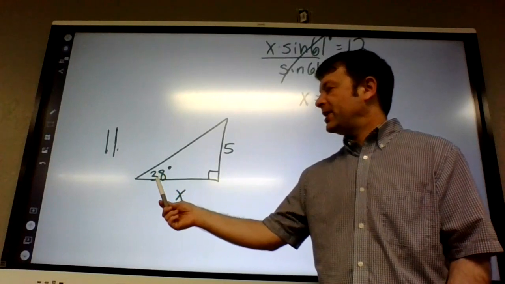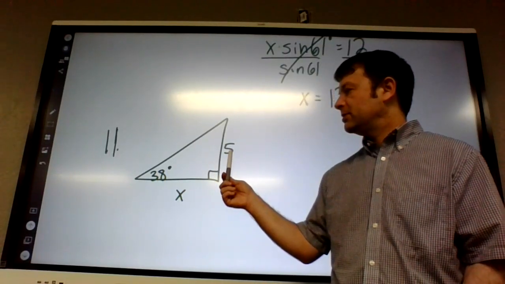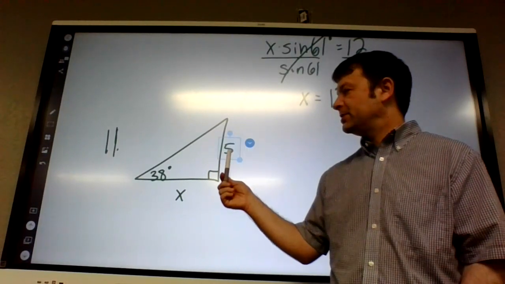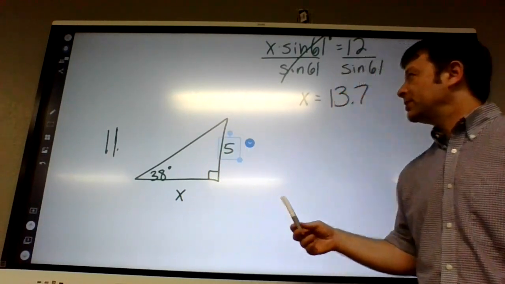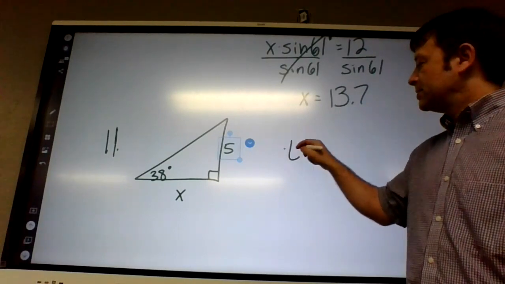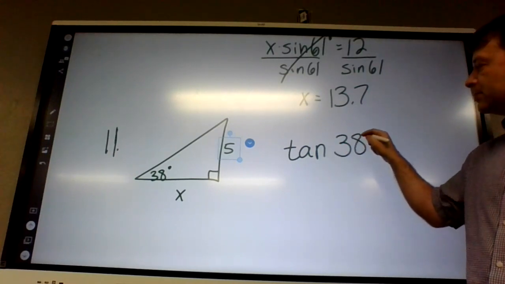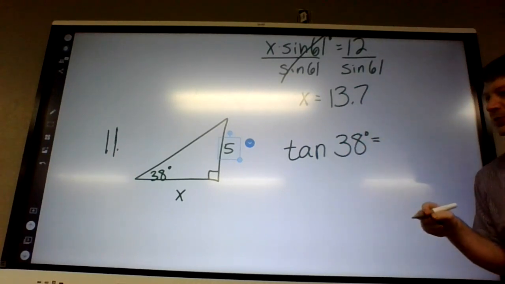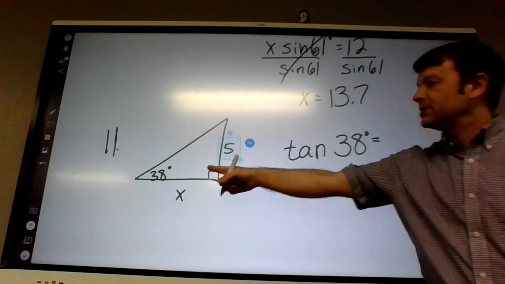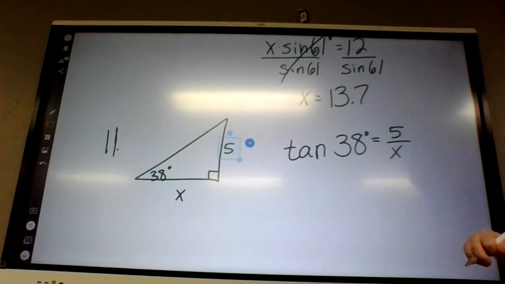Relative to this angle, what two sides am I looking at here? Opposite, adjacent. Which trig function uses opposite and adjacent? Tangent. So it's tangent of the angle equals opposite 5 over adjacent x.